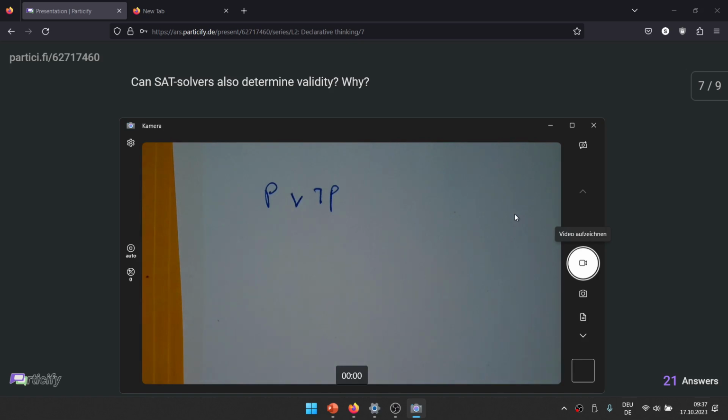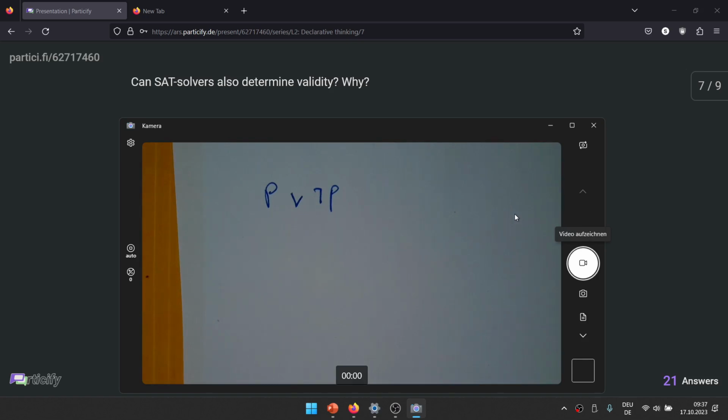Then we have true or something, and it doesn't matter what else we have, because true or something is true. So yes, this is satisfiable. Is it also valid? Now we try the other value for P, which is false. So false or not false. Not false is true. So this thing is false or true, which means it's true. So this formula is both satisfiable and valid.